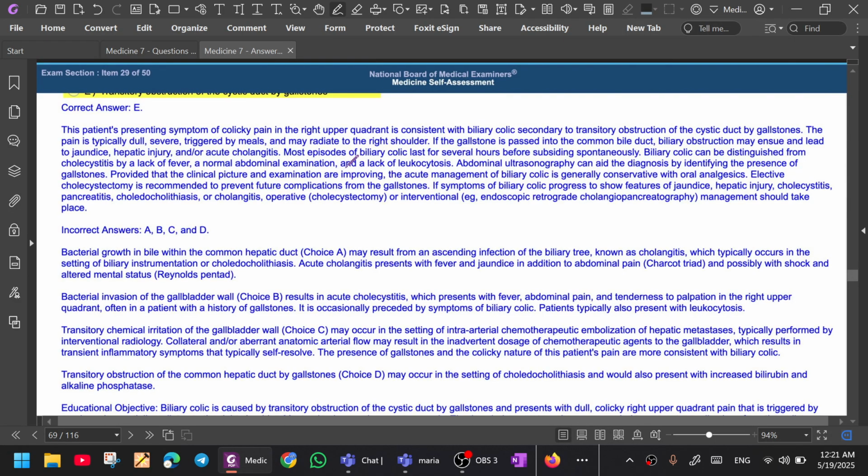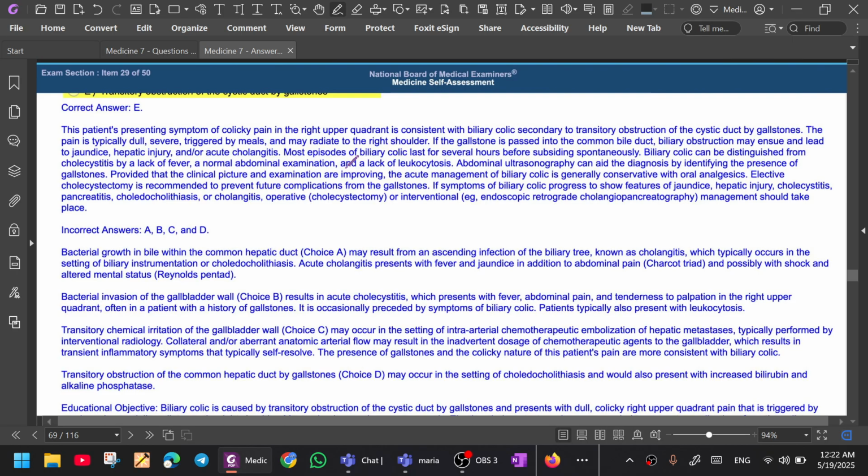Abdominal ultrasonography can aid the diagnosis by identifying the presence of the gallstone. The acute management of biliary colic is generally conservative with oral analgesia. Elective cholecystectomy is recommended to prevent further complications from the gallstone.